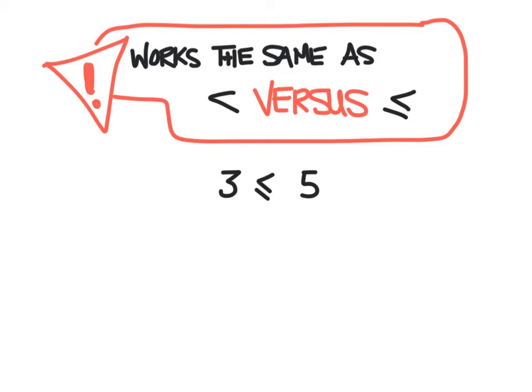And that's a perfectly valid statement, because this symbol is less than or equal to, and 3 certainly is less than 5. So I can perfectly accurately write it like this. However, I can be more specific, and I can give more information by saying that actually 3 is less than 5. So I can get rid of the equal to sign to indicate more to the reader of this mathematics.